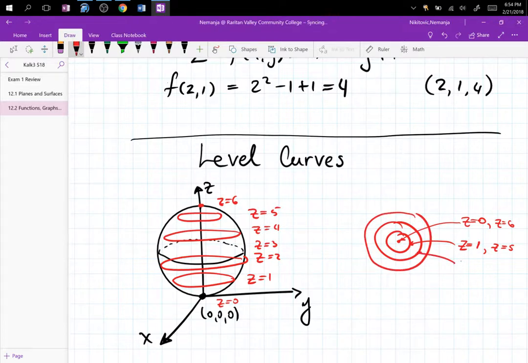Then this ring over here is z equals 2, z equals 4, and the fattest circle is z equals 3, which is the equator, if you want to think of it that way.